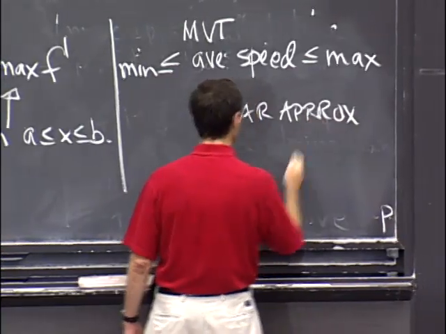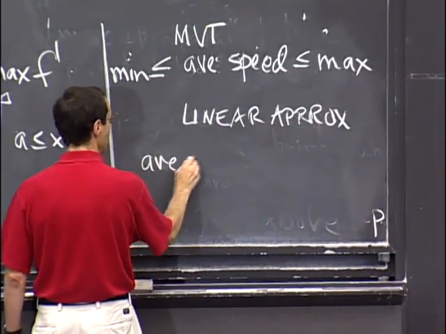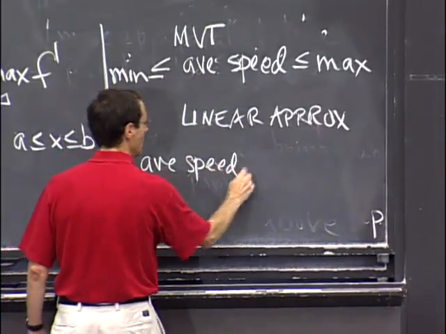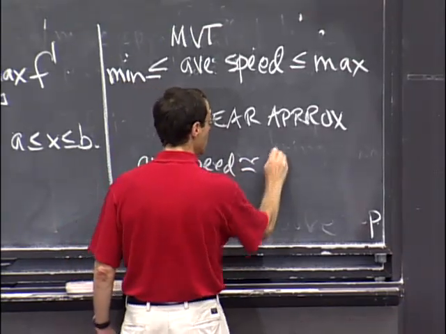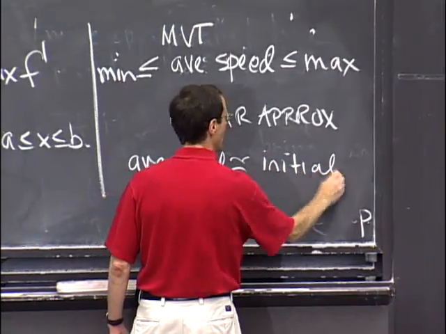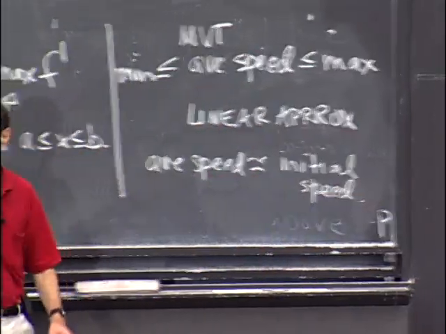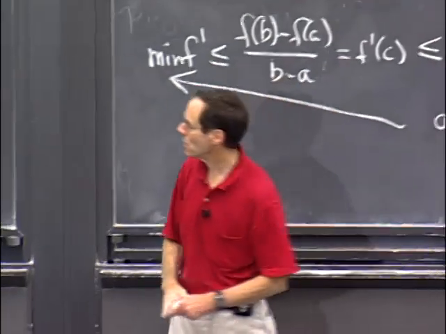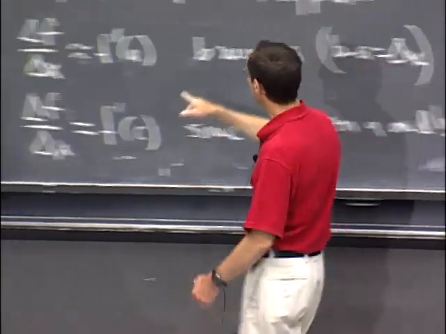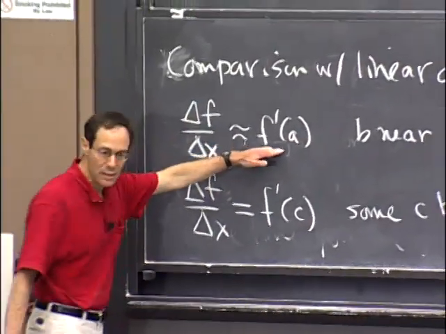The linear approximation is saying that the average speed is approximately the initial speed, or possibly the final speed. So if A is the left endpoint, then it's the initial speed.